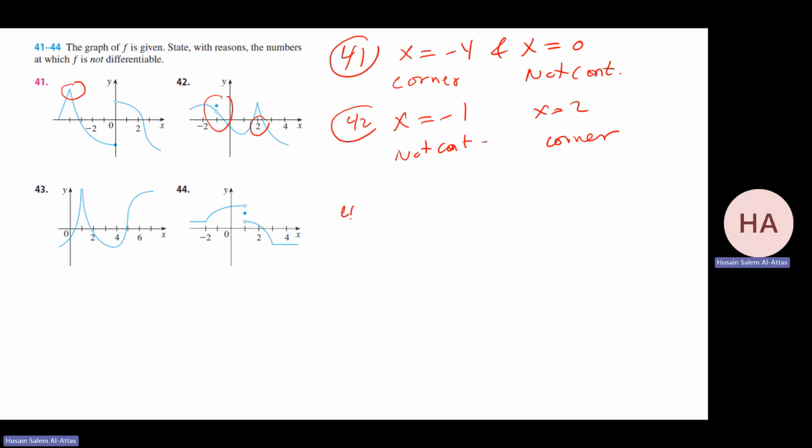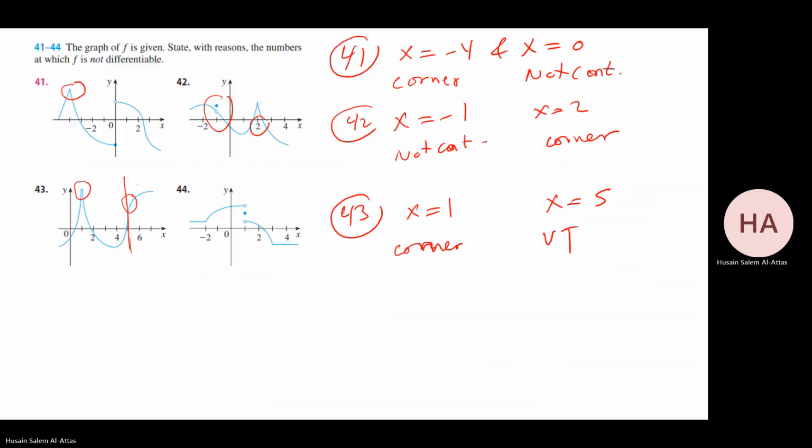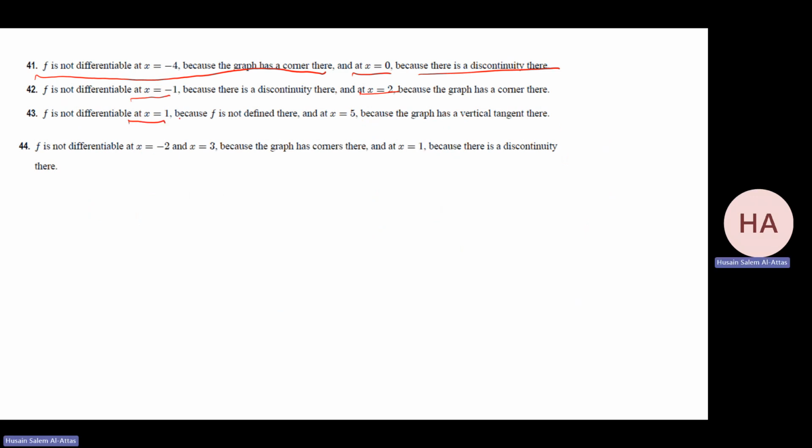Now 43. Where do we have problems? We have problems here and here. So I have x equal 1 and x equal 5. At x equal 1, I have what? Corner or sharp turn?